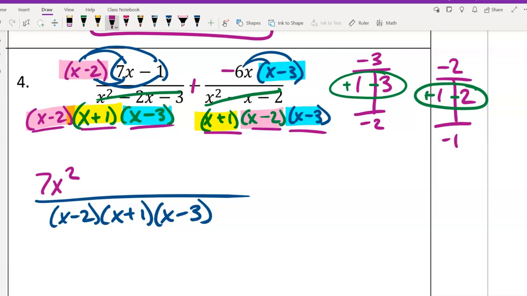And we have x times negative 1, negative x. Now we have negative 2 times 7x, or negative 14x, and negative 2 times negative 1 is a positive 2. Moving on to the right, we have negative 6x times x, negative 6x squared, and negative 6x times negative 3x.